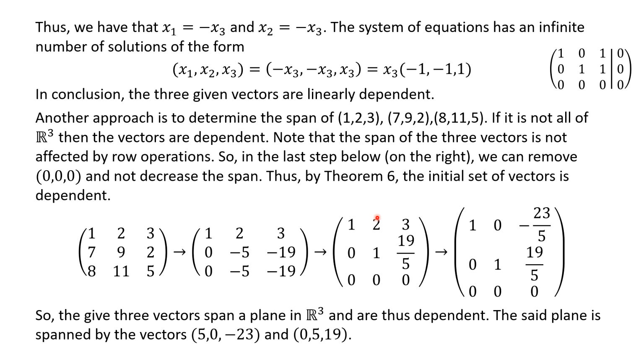We could take twice the second row from the first and get this here. And so basically these 2 vectors span a 2-dimensional space, which is less than all of R3. So these 3 vectors must be dependent, and that's a second way of proving dependency between the vectors.